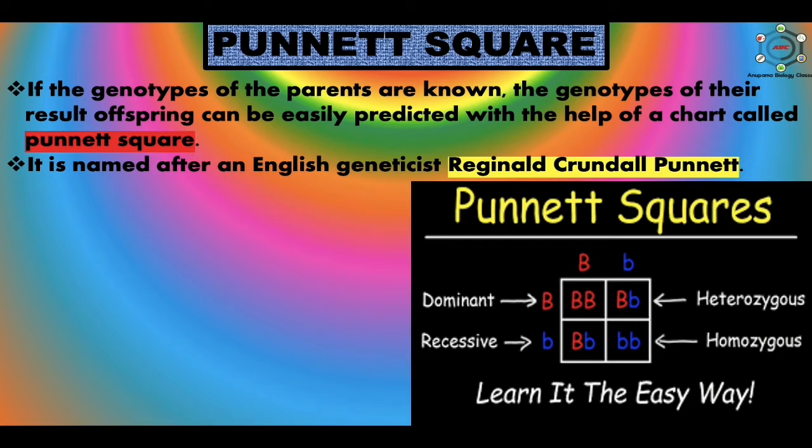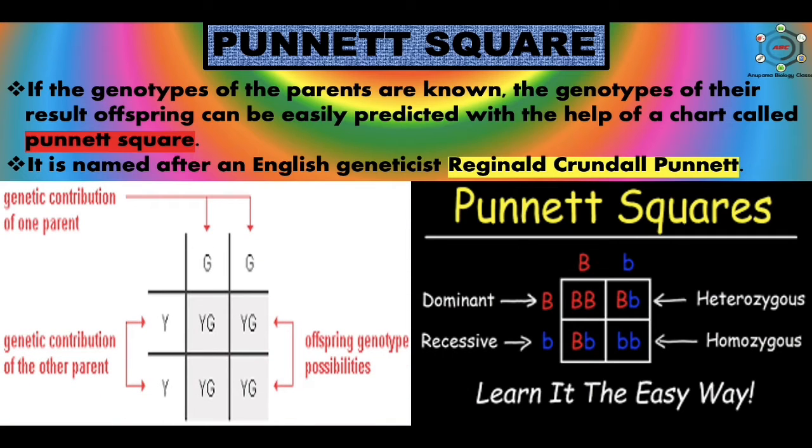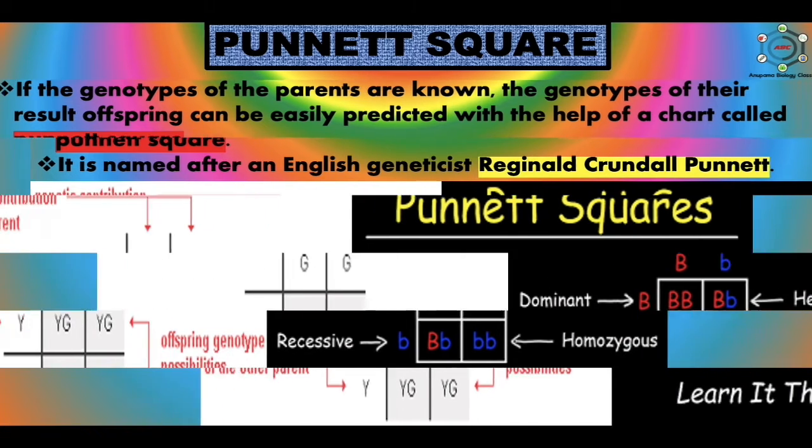Each box of the square represents an individual offspring, and the alleles of all the male gametes are entered in the left vertical column, and then the alleles of all the female gametes are entered in the upper horizontal row. The remaining boxes are filled in by combining the alleles of male and female gametes, working horizontally or vertically in each row. So the allele combinations in the boxes show the possible genotypes of the F2 generation and the ratio of genotypes can then be worked out. So this is the Punnett square.